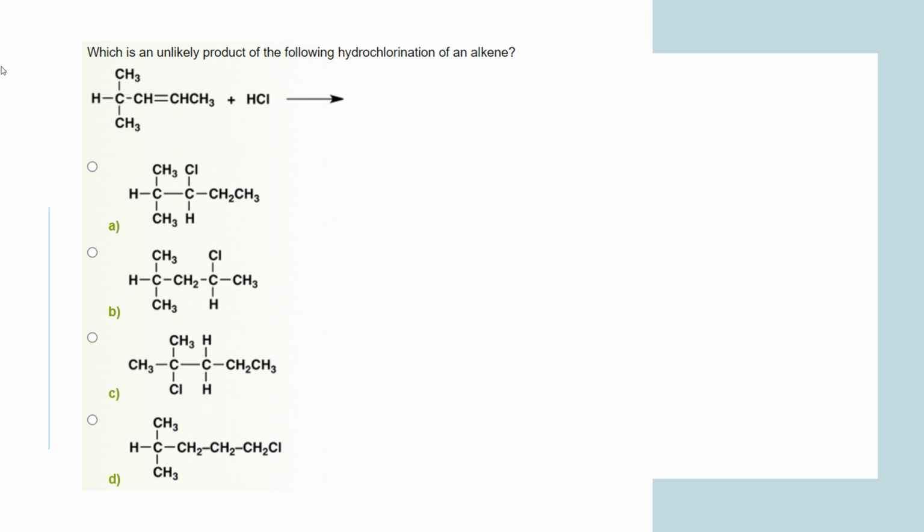In that case, if the carbocation is generated at this carbon, this hydride can undergo a shift to this carbon, and we are going to get the third possible carbocation intermediate at this terminal carbon.